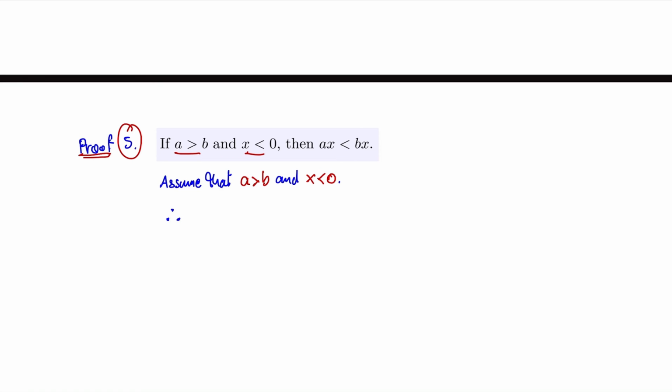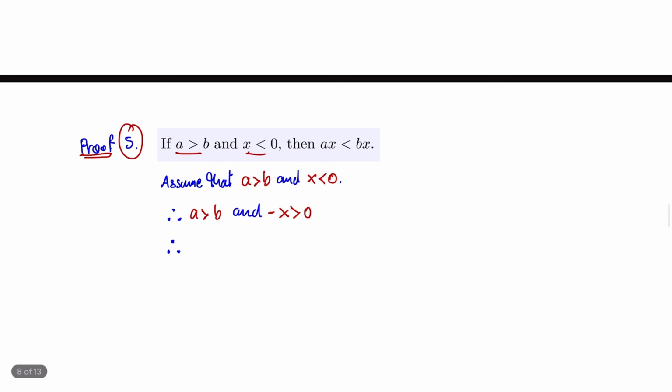This means that a is greater than b and minus x is an integer that is greater than 0. And by definition of inequality, we have a minus b is in the set of natural numbers and minus x is in the set of natural numbers.